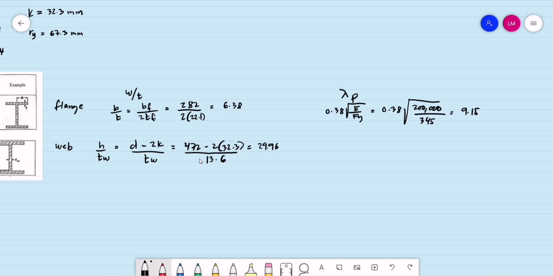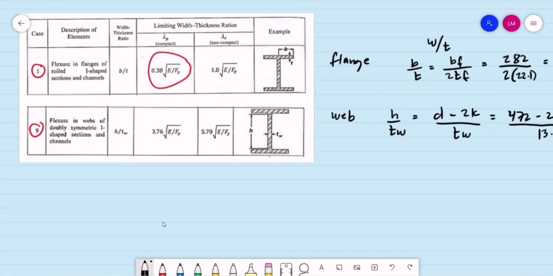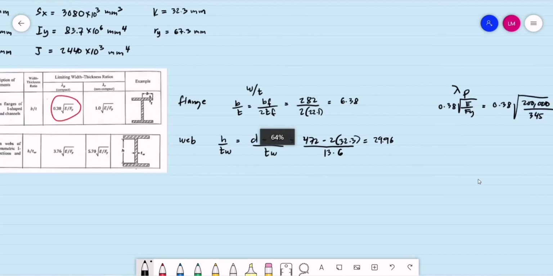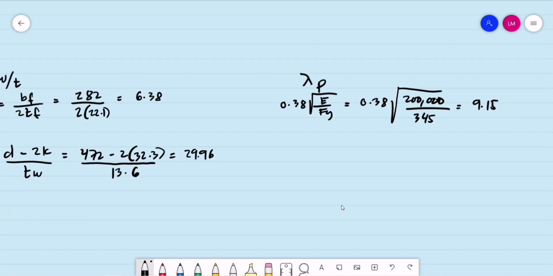And then for the value of lambda sub p for the web, that is 3.76 times the square root of E divided by Fy.